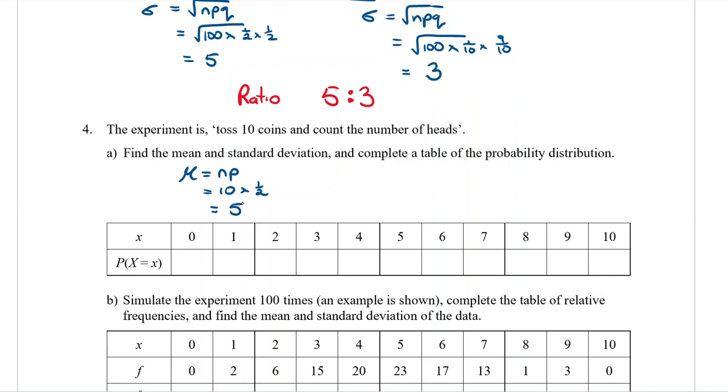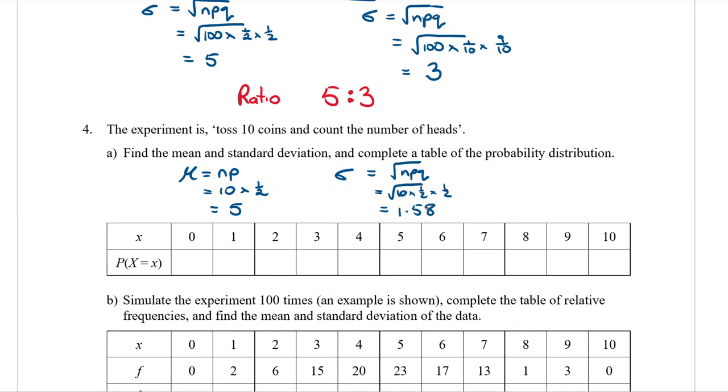Surprise, surprise. That is right in the center of our table. Okay, so then we want our standard deviation, which is the square root of NPQ. So the square root of 10 times a half times a half, which is 1.58. Excellent.